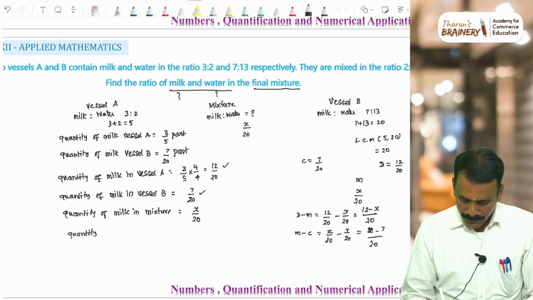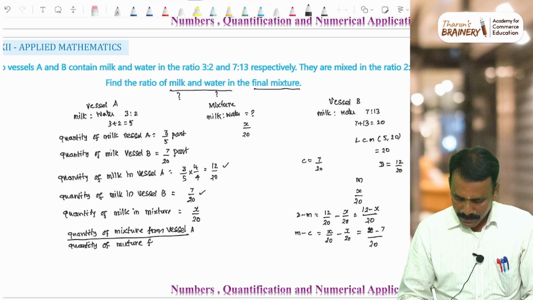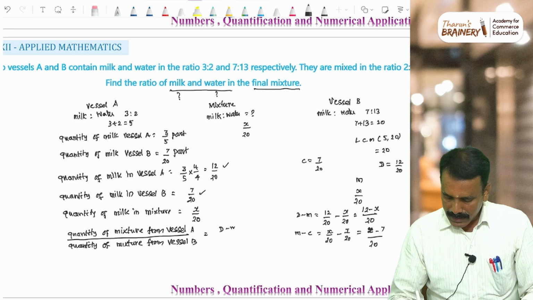Now quantity of mixture from vessel A divided by quantity of mixture from vessel B is given by the formula D minus M divided by M minus C. That is nothing but 12 minus x by 20 divided by x minus 7 divided by 20.